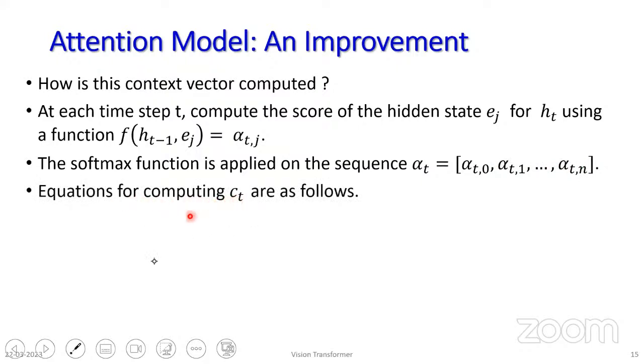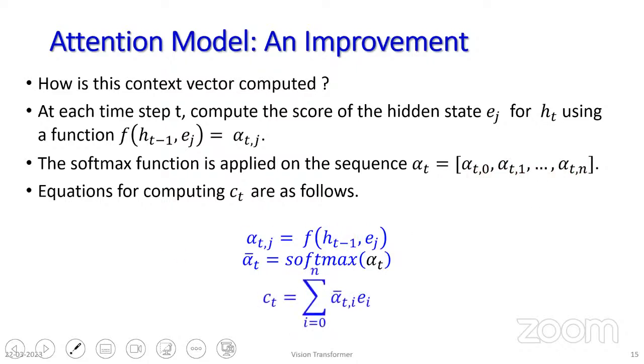The equations for computing c_t are as follows: alpha_tj is equal to f(h_{t-1}, e_j). Then I apply the softmax operation on this entire vector, on each component. Then alpha_t bar is computed as the softmax of alpha_t, and using this alpha_t bar I define c_t.